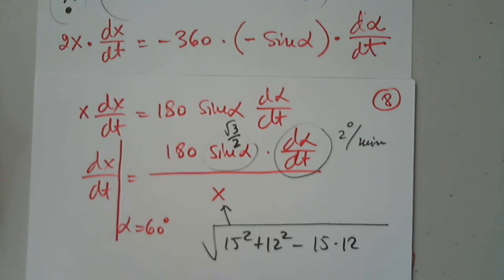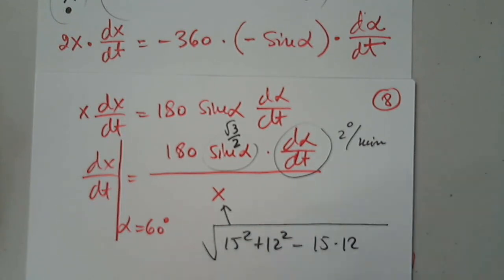I know what these are, but never mind. And minus 15, because I divided by 2, correct, yes. 15 times 12. Okay.